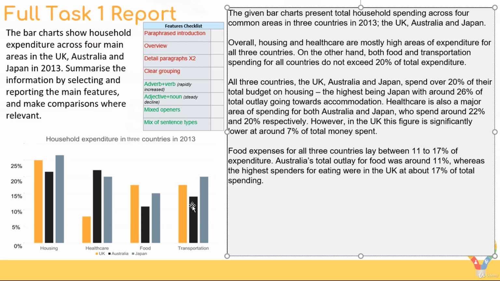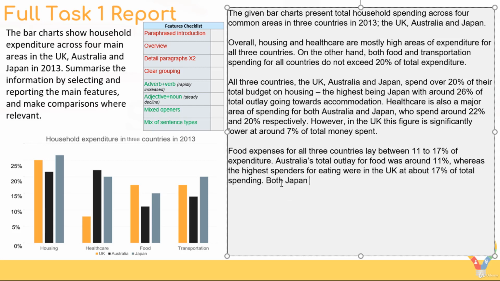So I have, Australia and Japan spend more on transportation than they do food, whereas the UK spends the same amount. Perfect. That's something that I can quite nicely describe here.